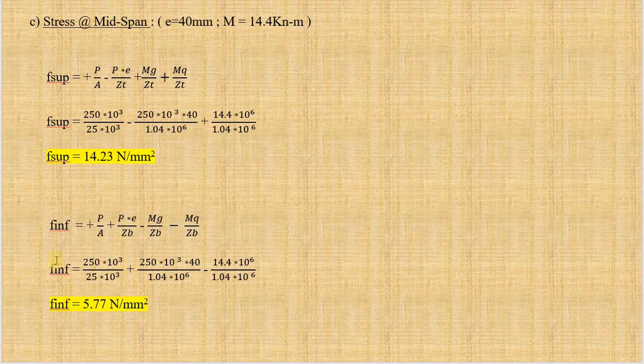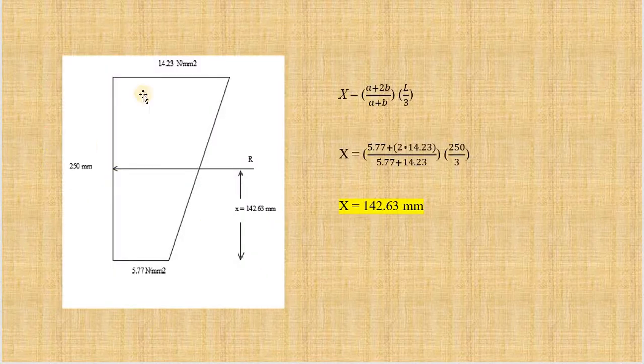So for this I should plot a stress variation. Again you can see at the top the variation is more, at the bottom the variation is less. By looking at these two values we can understand it's a trapezoidal variation. So like that I have written 14 at the top, 5 at the bottom.